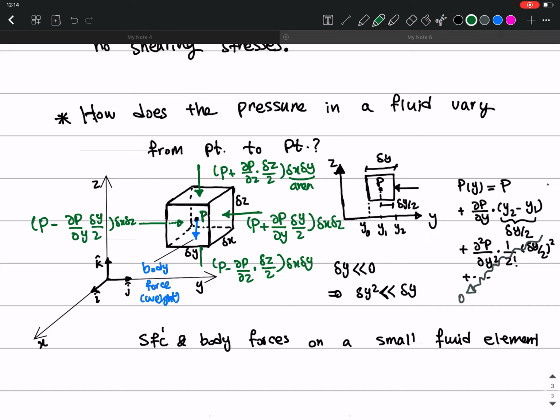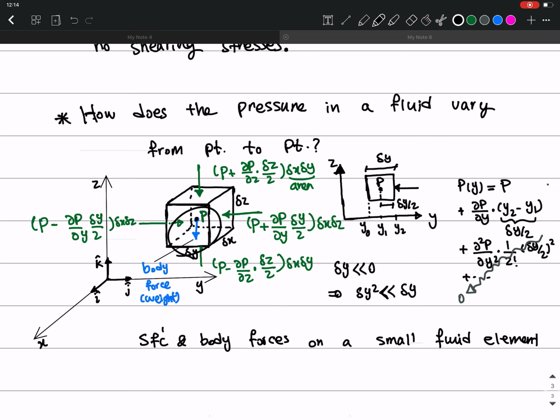Similarly, you can find the forces on all the sides of this fluid element. These are going to be surface forces, and the only body force here is the weight of the fluid, which we have shown with the blue line here.